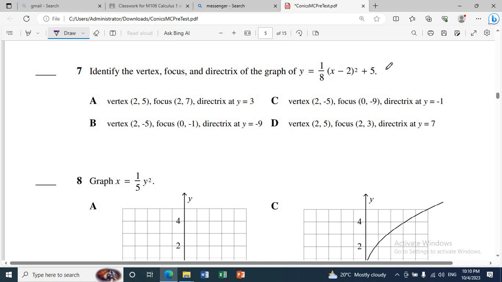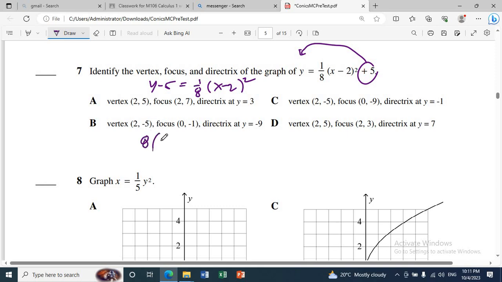1/8 times x minus 2 squared plus 5. So we can transpose the 5 to the other side. So we have y minus 5 is equal to 1 over 8 x minus 2 squared. You can also rewrite this as, divide everything by 8, or multiply everything by 8.